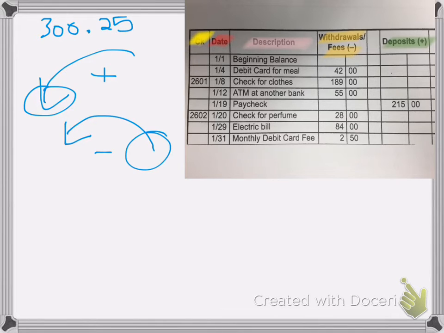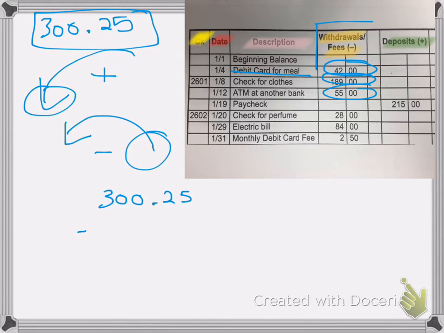Now, if I was to make a check register for this, which is already made, but it doesn't have the deposit on there, I would take my beginning balance of $300.25 and I would apply each new thing. So in this case, I would start off with my debit card for a meal on 1/4. So we take that $300.25, and since it is a withdrawal, we subtract the $42.